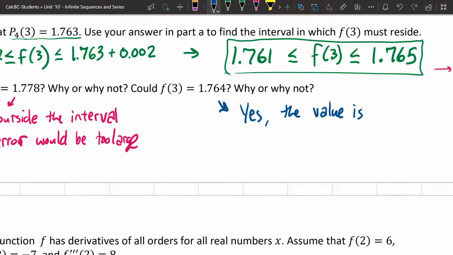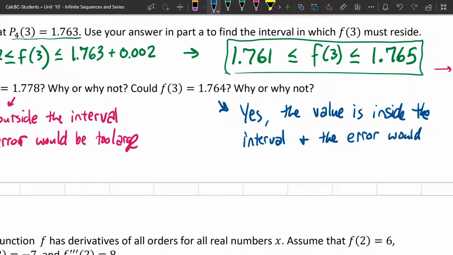The value is inside the interval, and the error would be less than 0.002.